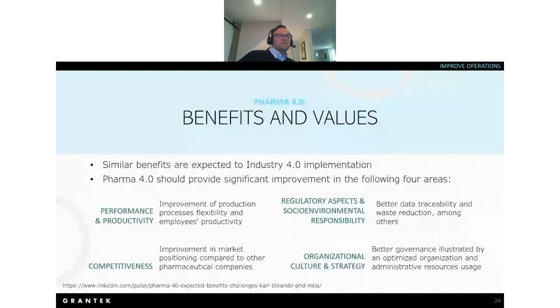Regulatory aspects and socio-environmental responsibility. You have better data traceability and waste reduction, among other things. Organizational culture and strategy. You get better governance, illustrated by an optimized organization and use of administrative resources.